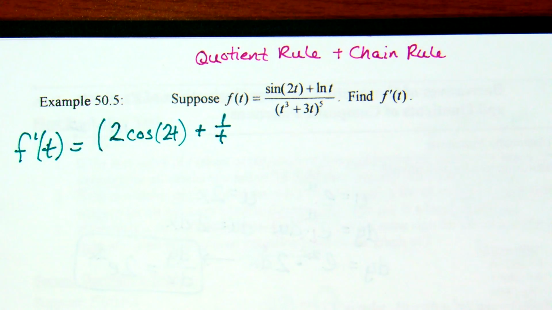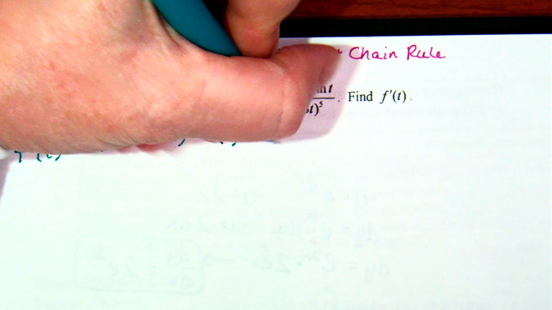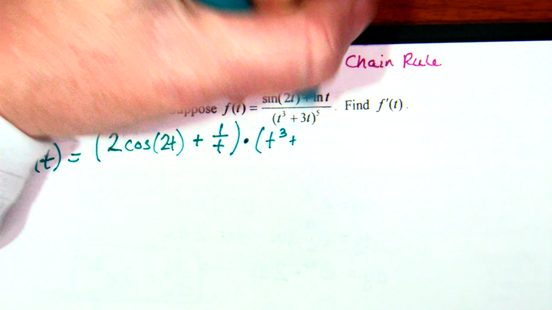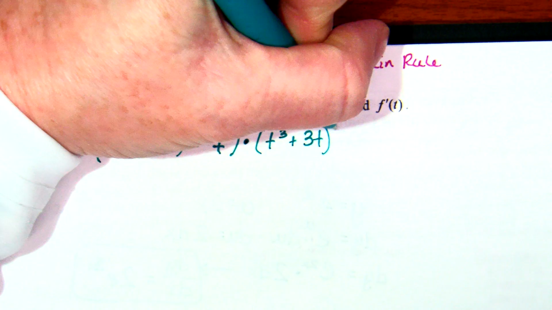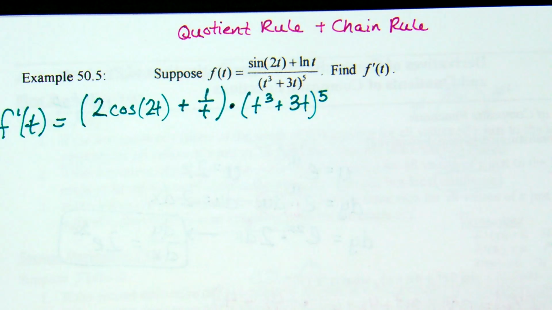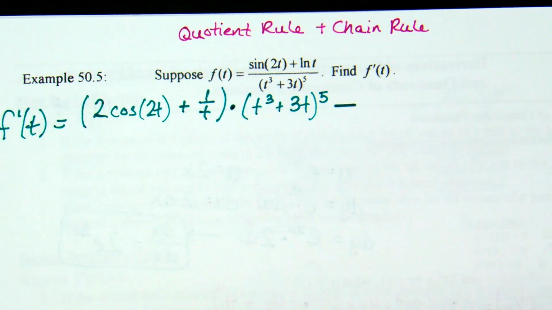So that is my derivative of the numerator times what? The denominator, so t cubed plus 3t to the 5th. So that's derivative of the top times the denominator. And then I'm going to say minus, now what? Derivative of the bottom.